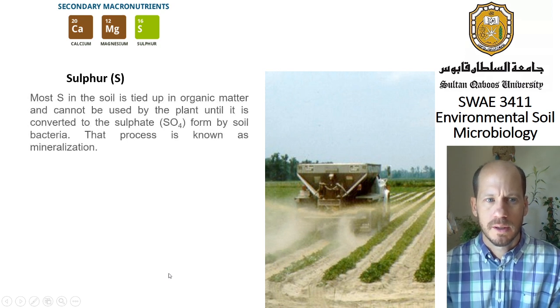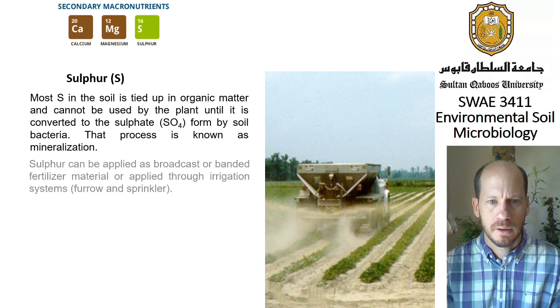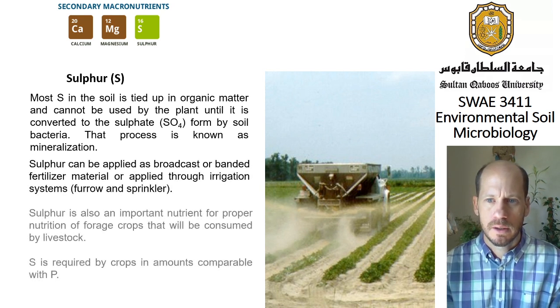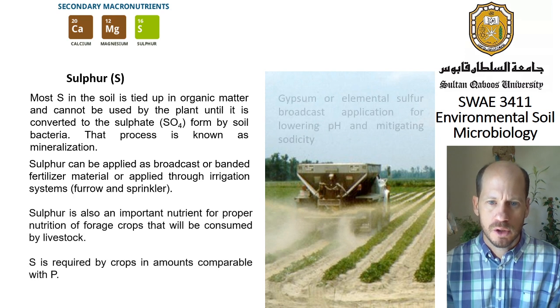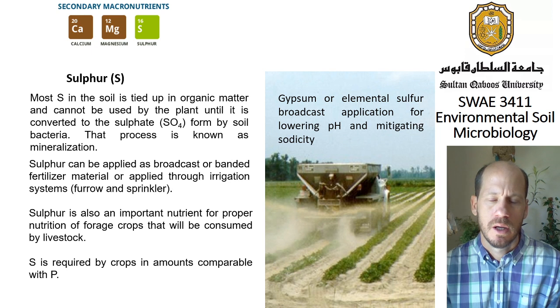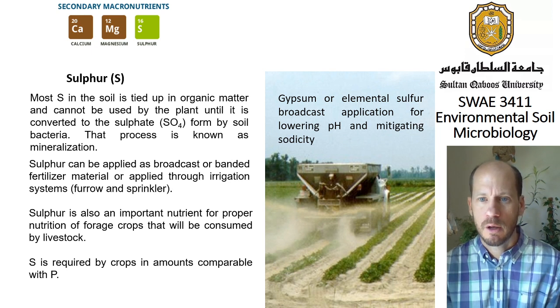Most of the sulfur in the soil is tied to organic matter, and the way that you can deal with this sulfur deficiency is by using sulfur-based fertilizer. The main sulfur-based fertilizer in general is gypsum, which is calcium sulfate.